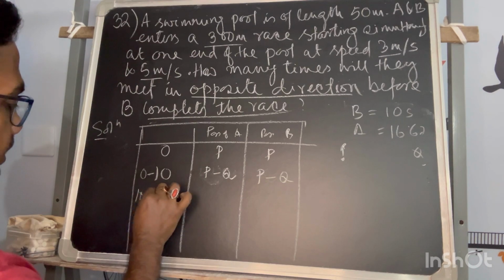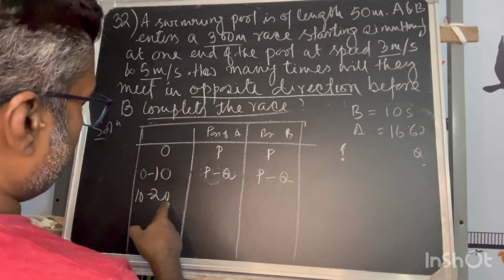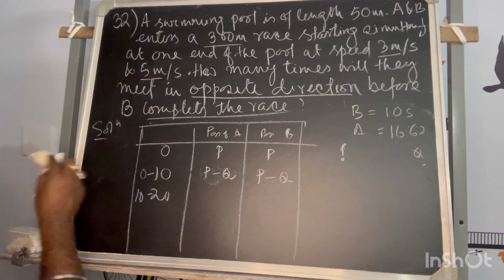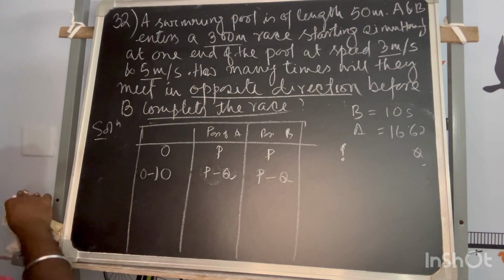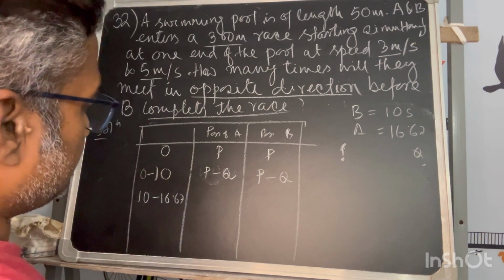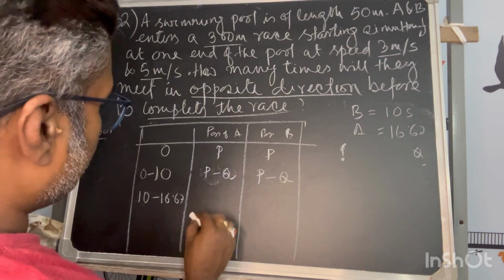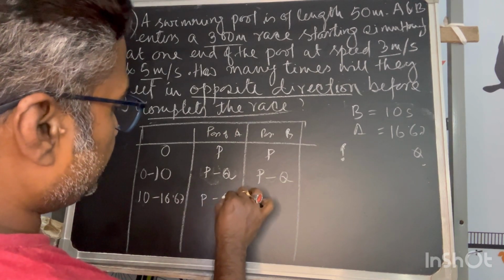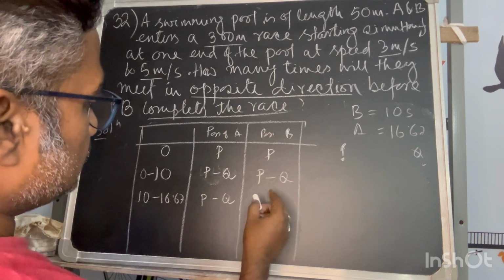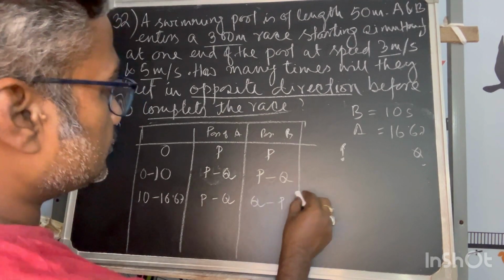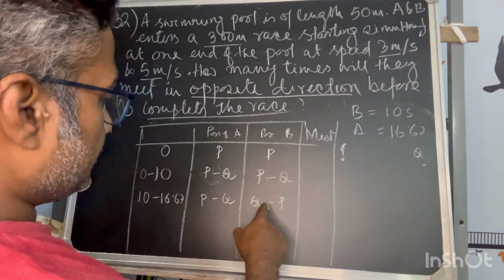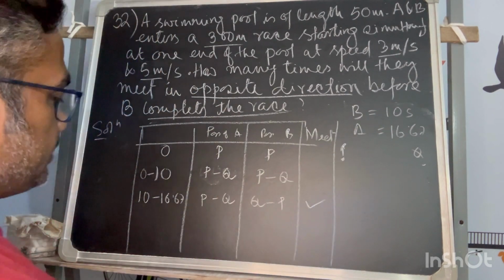So 10 to 20, if I take the range, this will be at 16.6. I will break it this way, 10 to 16.67. A will be in between P and Q, but B, he is crossing Q, so he will be between Q and P. So they meet here, it is possible, we'll tick it.